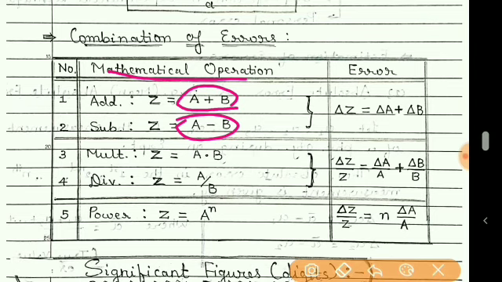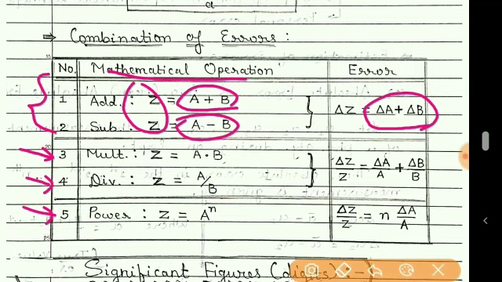So while doing any mathematical operation, if there is addition or subtraction of measured values, then in the final result the errors are always added. We will see multiplication, division and power later on. First we will see one example related to this.